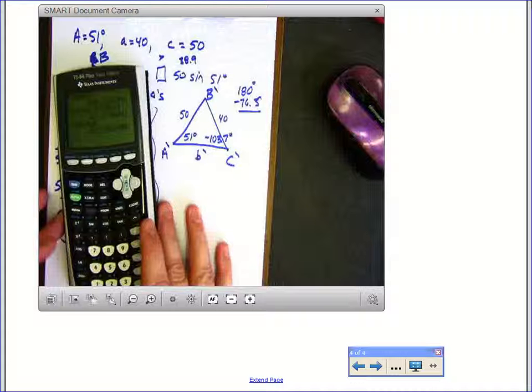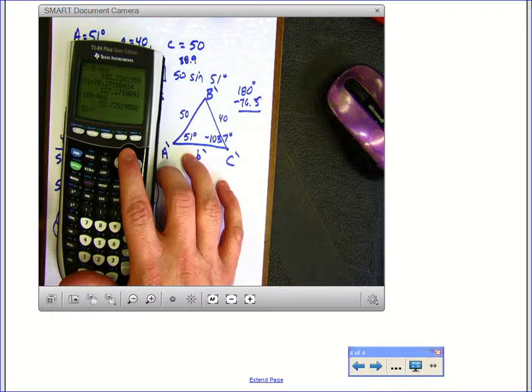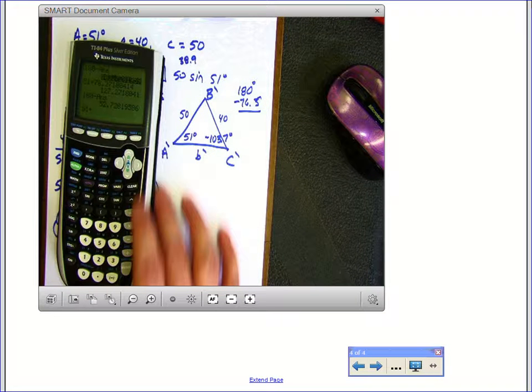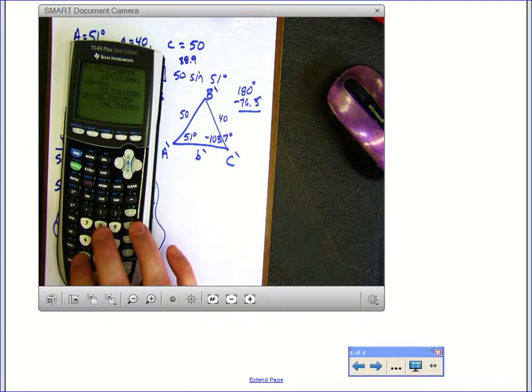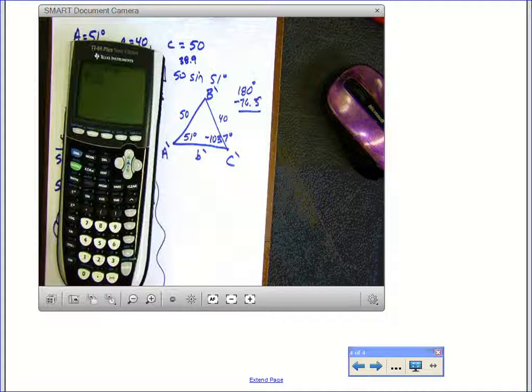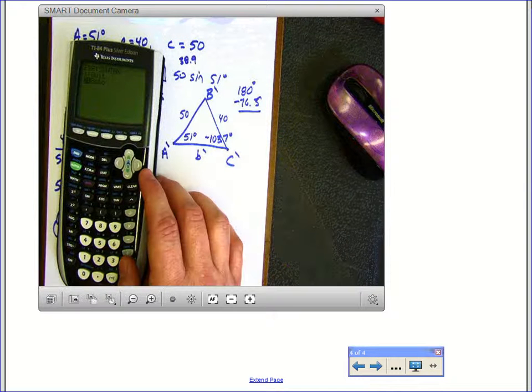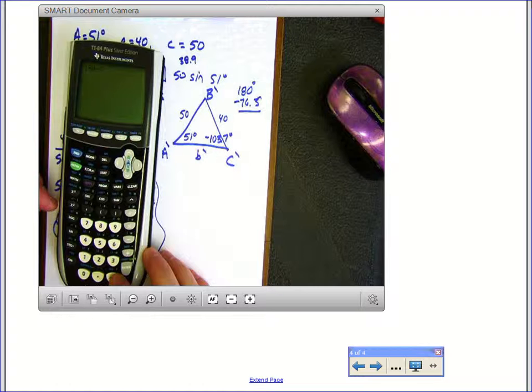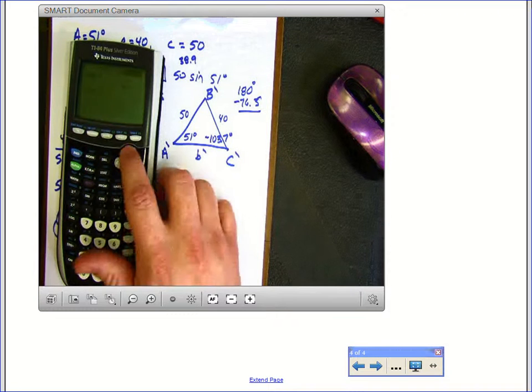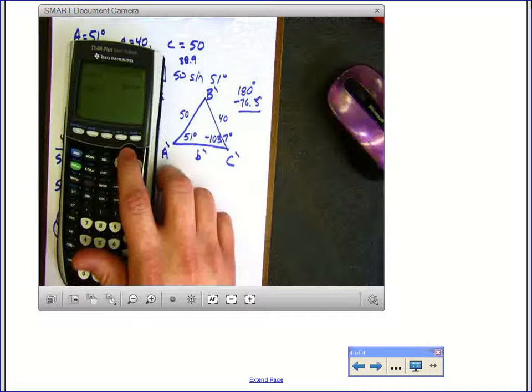So 51 plus, now let me get my 103.7 and paste it down. 150, so I'm going to subtract that from 180. Uh-oh, I messed up. I hope I don't lose all my numbers. Oh, there it is.